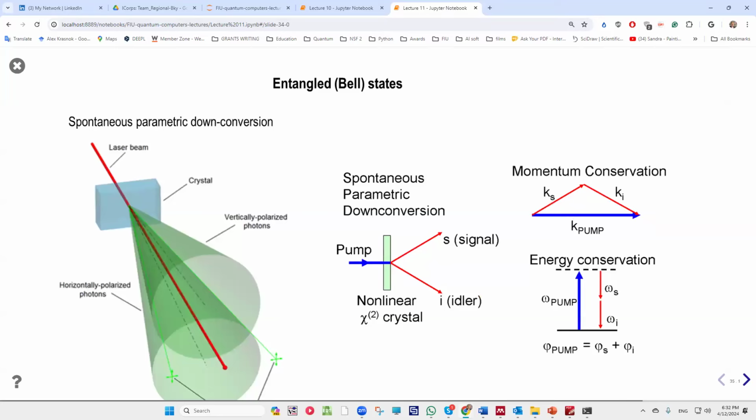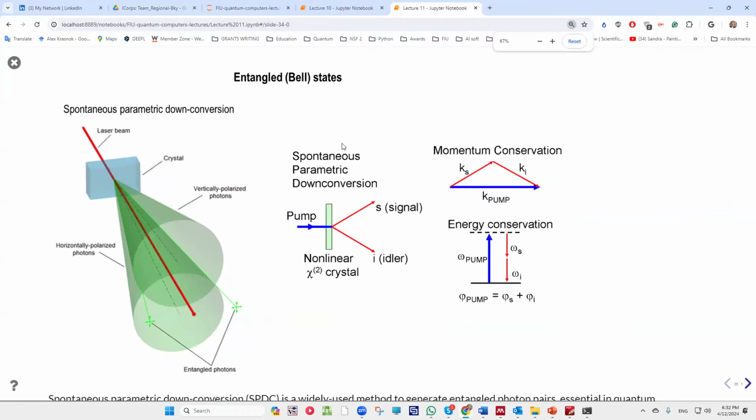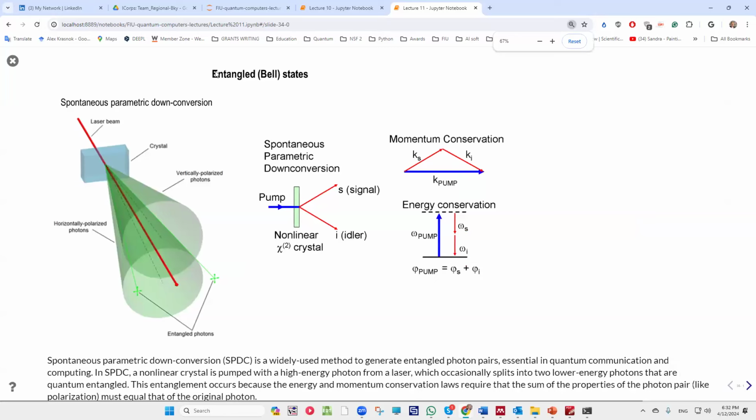In quantum photonics, in optical quantum computing, we also have the opportunity or approach to create the Bell states. So you remember these perfectly entangled, non-separable states, which we call Bell states.